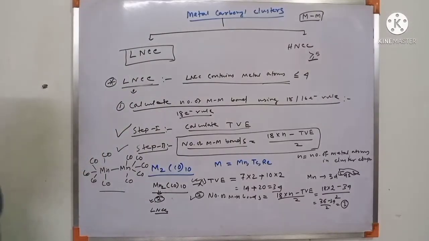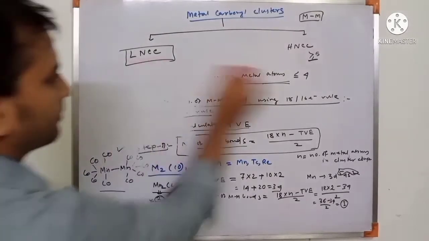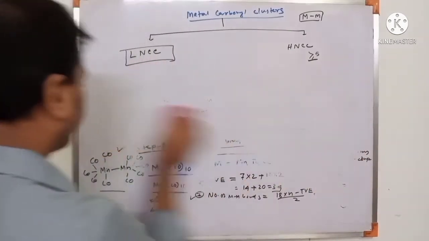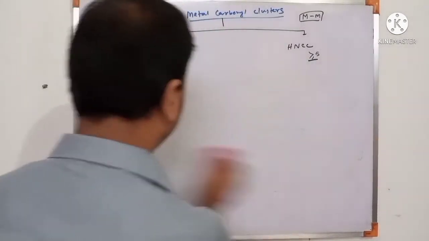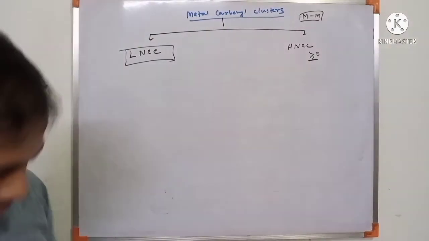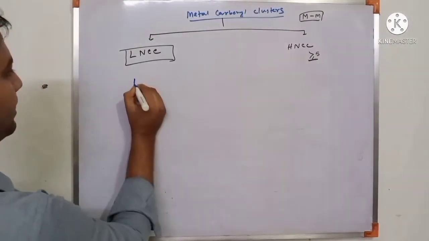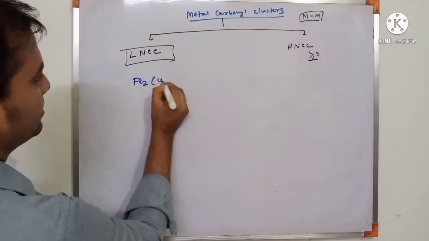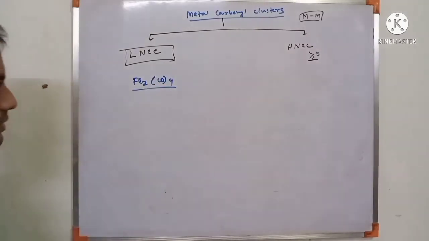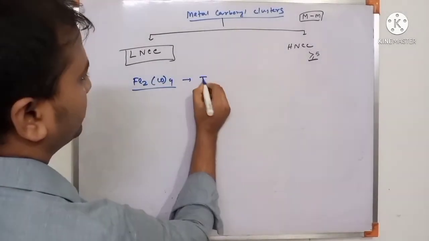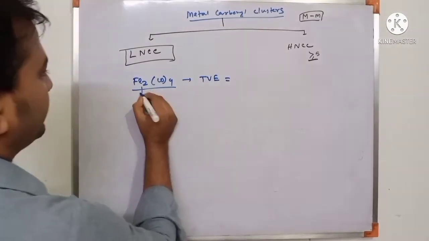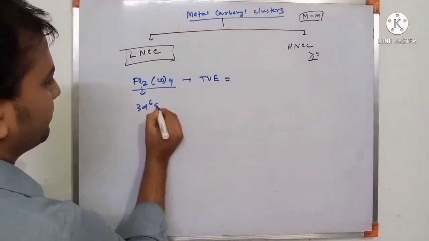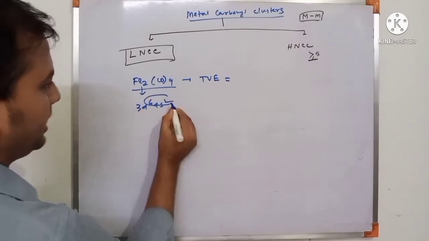Now, second example. In the case of Fe2(CO)9, first calculate total valence electrons. Iron is 3d6 4s2, so valence electrons 8.